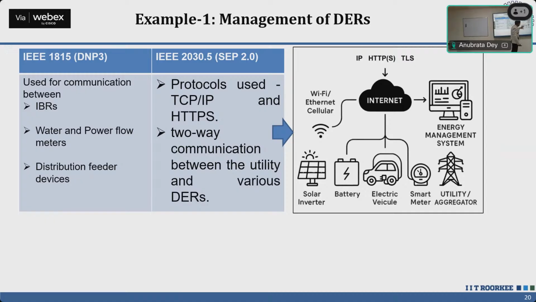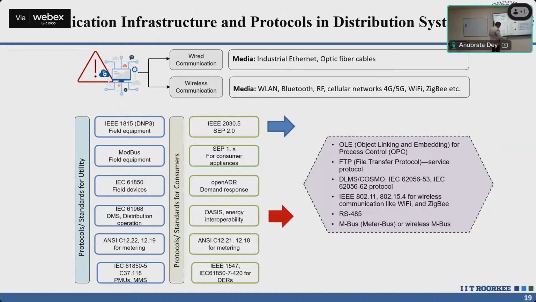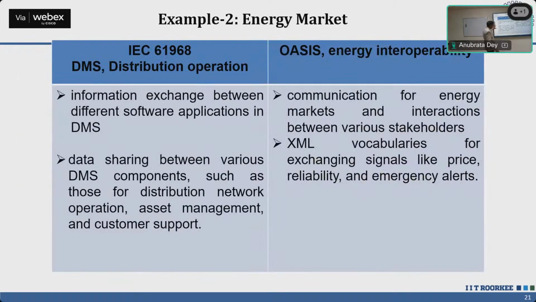So this is just an example. If you have solar, a battery energy storage system, EVs, or a smart meter, then they can send the data to your energy management system, which is sometimes also known as CEMS, Central Energy Management System. In the same way, if you consider this example, IEEE 61968, that is also on the utility side.